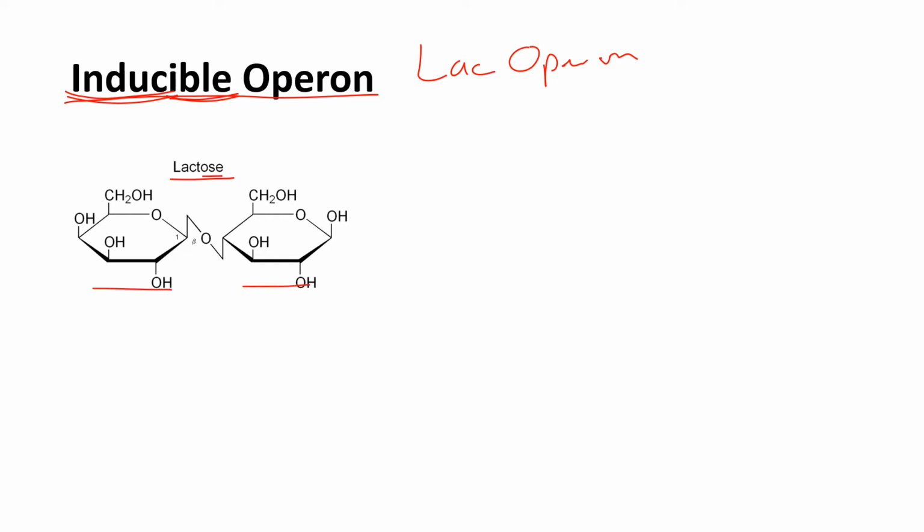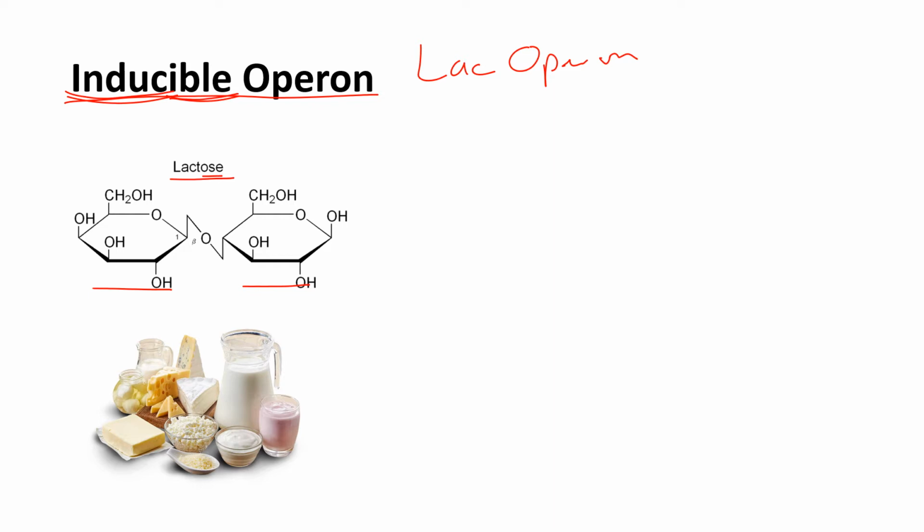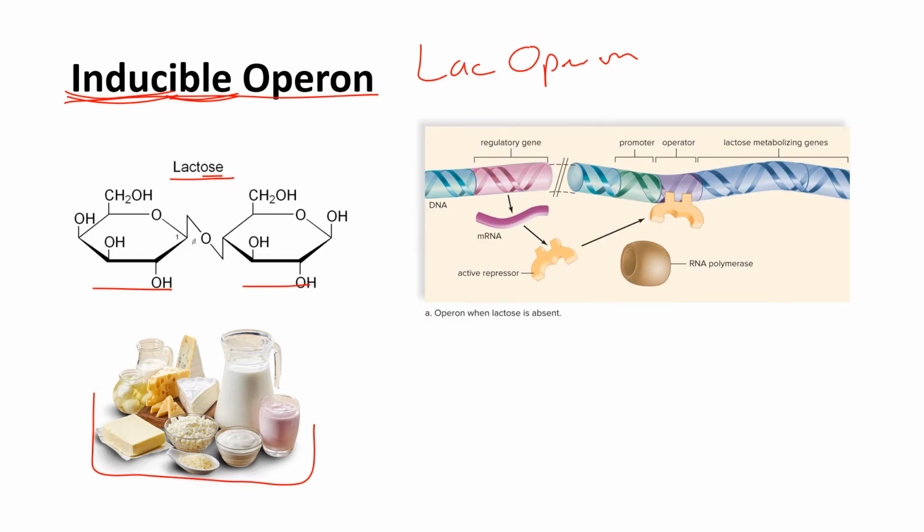And lactose is also known as milk sugar, so it's found in dairy products. Now the lac operon, this is a diagram of the lac operon. The structural genes that you find in the lac operon are genes that encode the information to make enzymes to break down lactose. So they are lactose metabolizing genes.